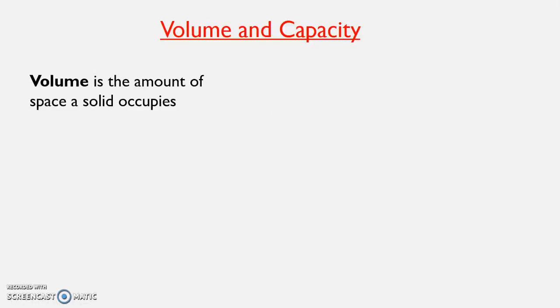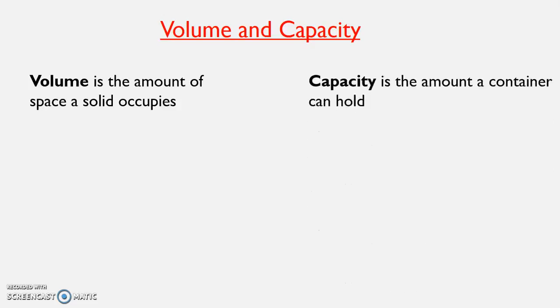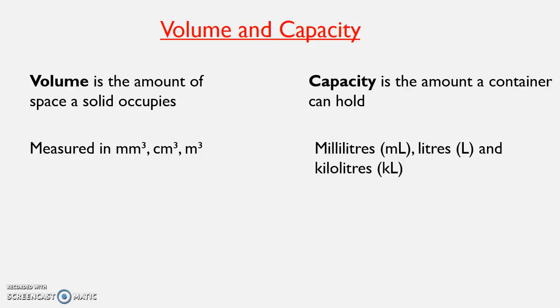Volume and capacity. So volume is the amount of space that a solid occupies. Capacity is the amount that that container can hold. So volume is measured in millimeters cubed, centimeters cubed, meters cubed. Capacity is in milliliters, liters, and kiloliters. 1 centimeter cubed is equal to 1 milliliter.